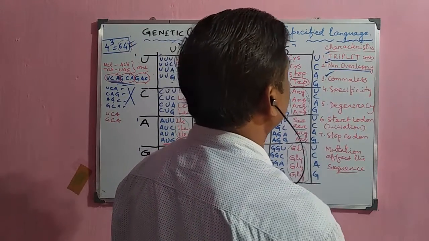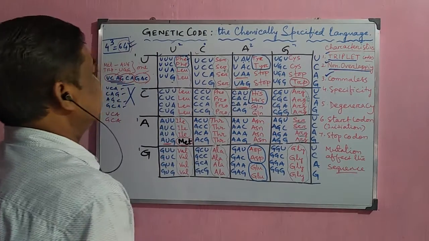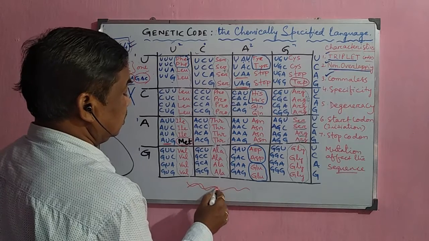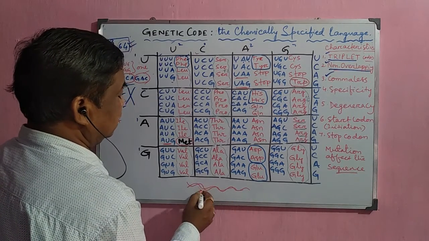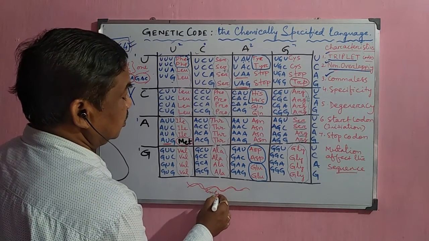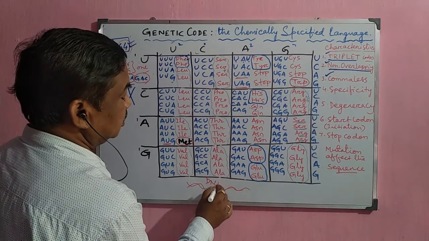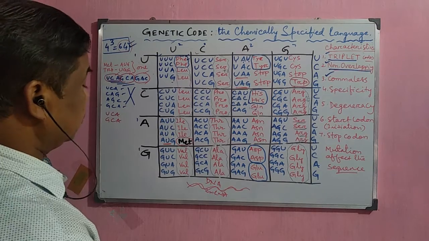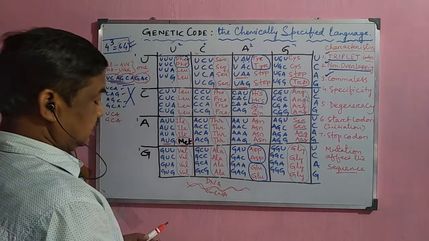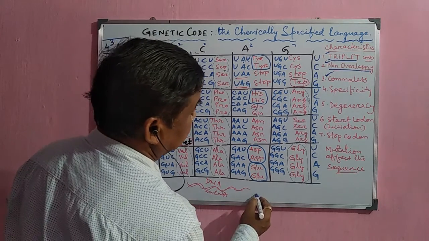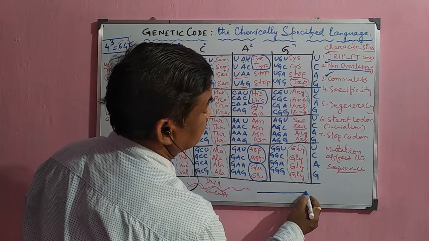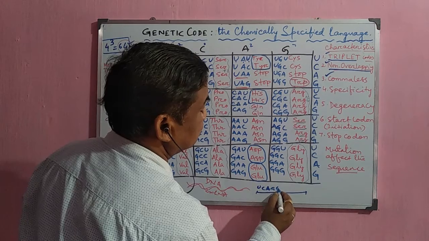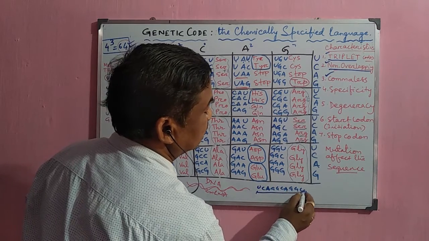Next one, they are commaless. That means when there is any DNA chain like this, it produces the mRNA. So from the DNA, the mRNA is produced, and this mRNA, till the completion, has a continuous chain. Suppose the bases were U, C, A, G, G, C, A, G, G, C, like this.